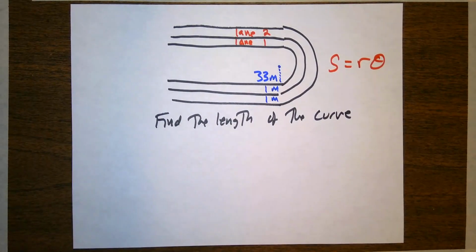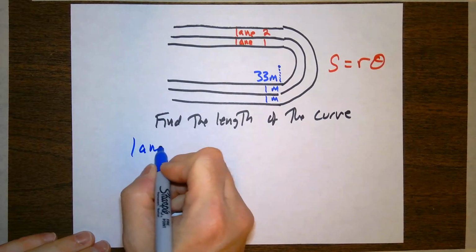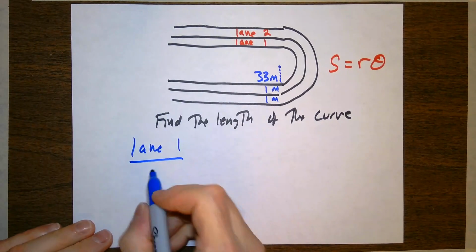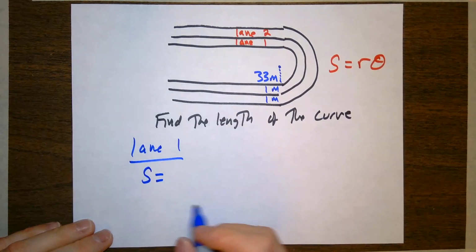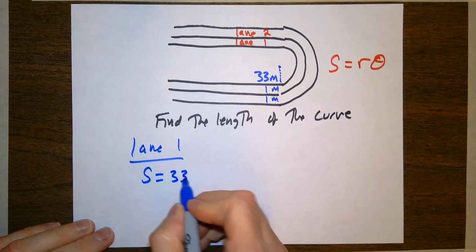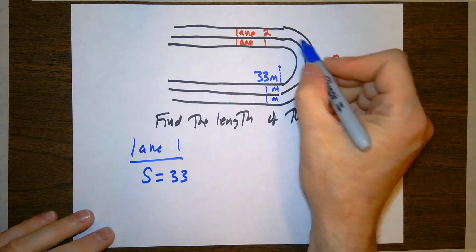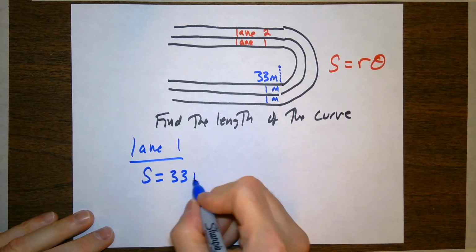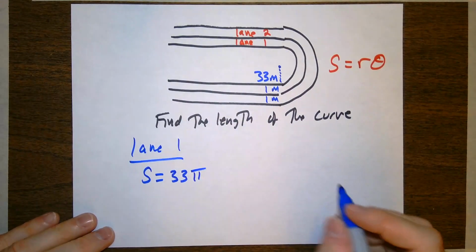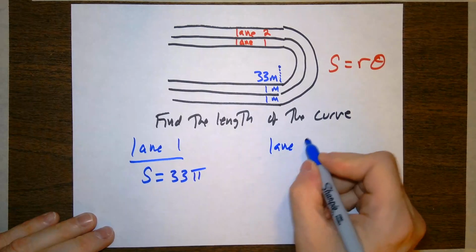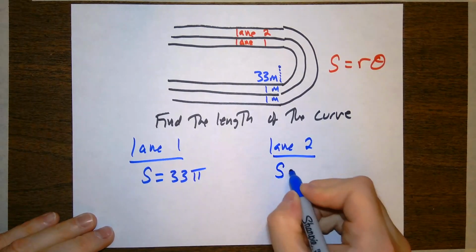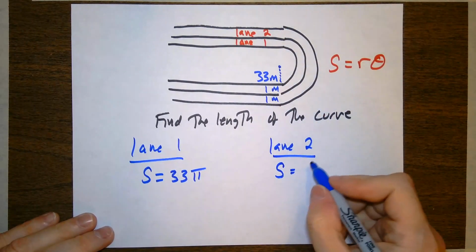So let's take a look at each of the lanes. First, lane 1. Lane 1, the arc length would be the radius, 33 meters, times the angle in radians, which is pi. Lane 2, the arc length, the length of the arc, is the radius.